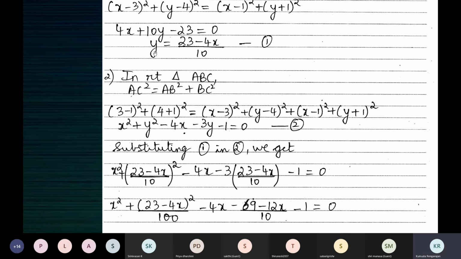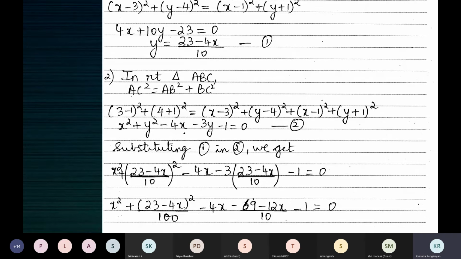So what have we got? Y is equal to, children, this you must know, how to write y is equal to this one. You do it while making a graph, right. Even if you don't understand how we get this, use this equation and write y in terms of x. So y is equal to 23 minus 4x by 10.